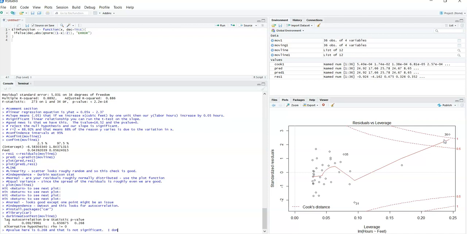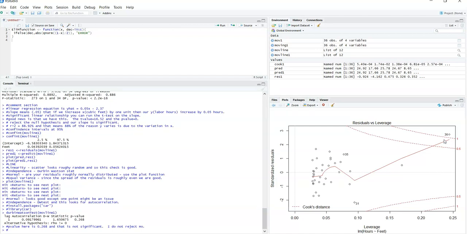That means I do not reject H naught. To understand if that's important or not, you have to look up the hypothesis test. In this case, when you do not reject, you actually are okay. In this example, if we do not reject, we are good. What that means is we have no autocorrelation.